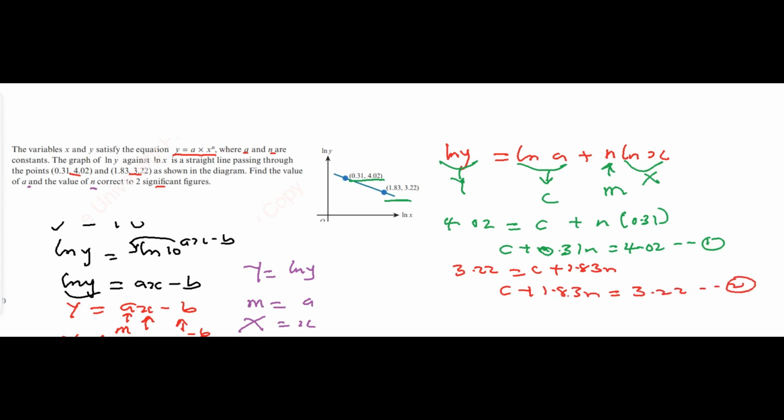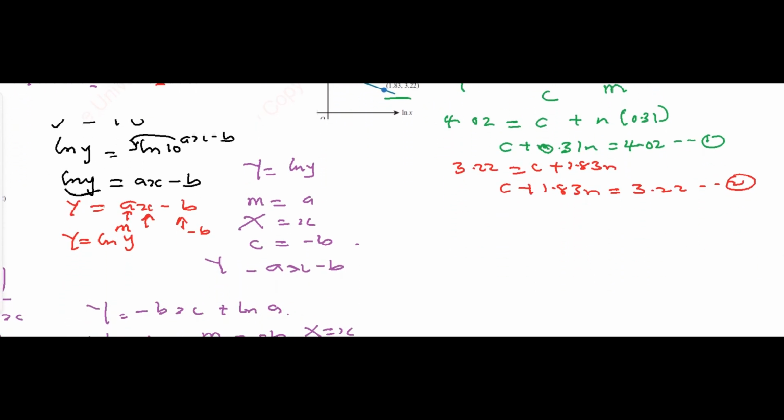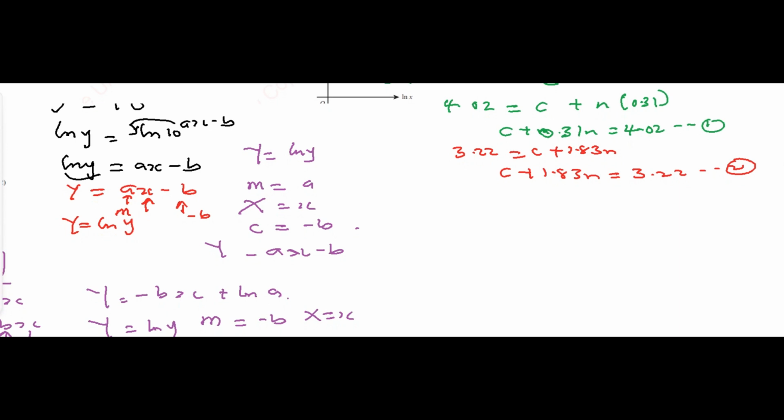I can solve these two equations simultaneously to find C, and any answer that I get for C, I'll find the ln of it. So I want to find C and N. Let's solve simultaneously. If I'm to solve these equations simultaneously, I can use either elimination or substitution methods. But me, I will just use my calculator to do this straight up, and you too can use your calculator. Just show what you are doing.